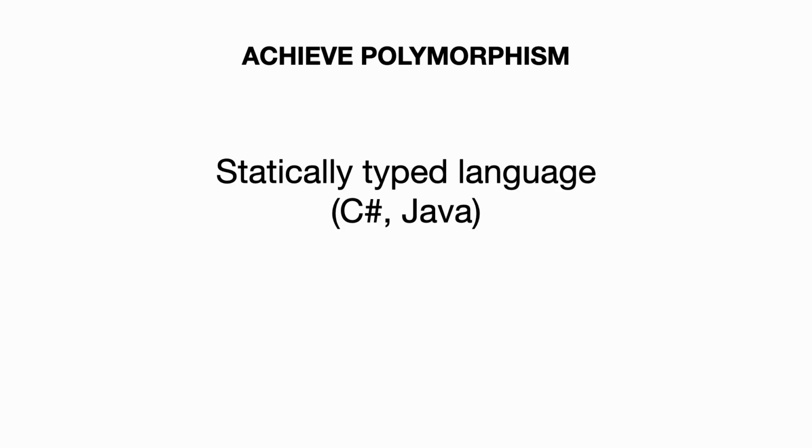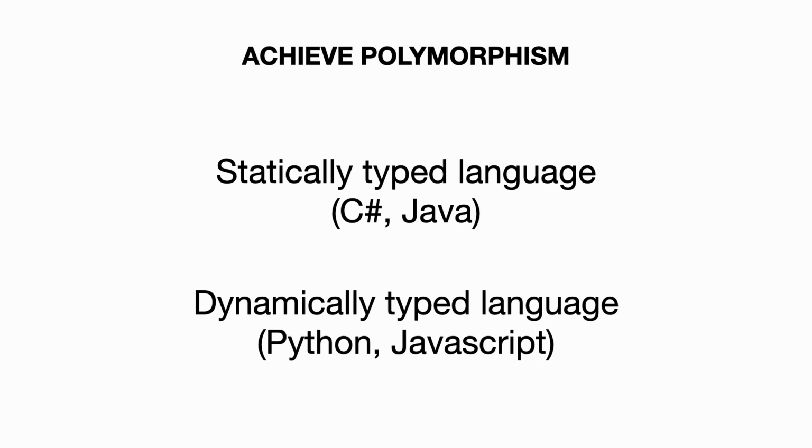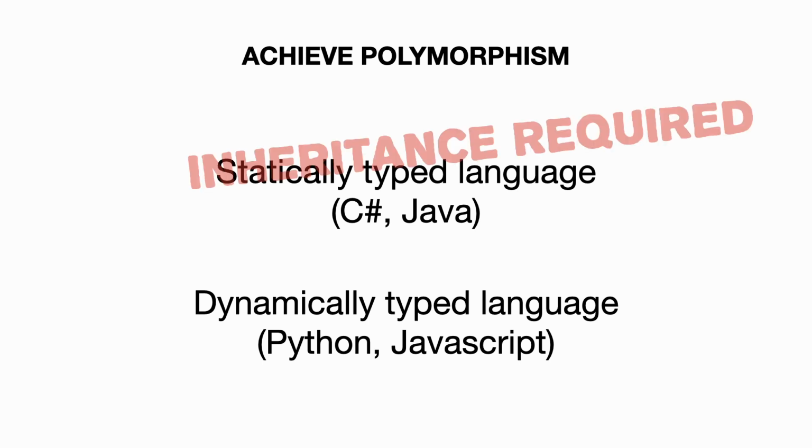The main goal of inheritance is to achieve polymorphism, but this is not true for all languages. There are statically typed languages like C# or Java, and dynamically typed languages like Python and JavaScript. Statically typed languages require inheritance to achieve polymorphism because substitutable objects need a shared interface.